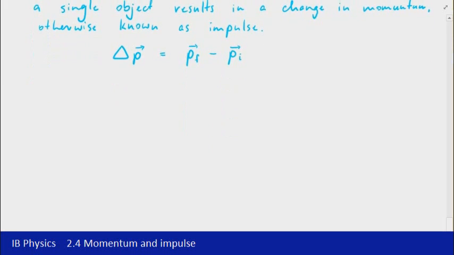In that scenario with a collision, we can consider that the mass is constant, so we could write the final momentum as m times v and the initial momentum as m times u. So there's our change in momentum expressed in terms of the masses and the velocities, and we could then express that as mass outside of the brackets, final velocity minus initial velocity.